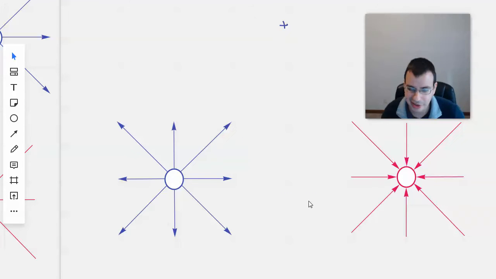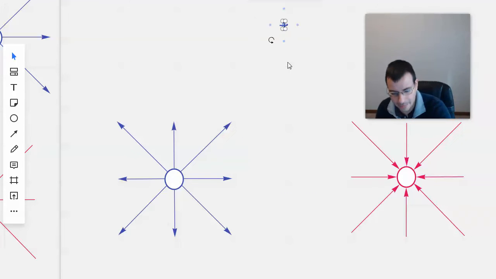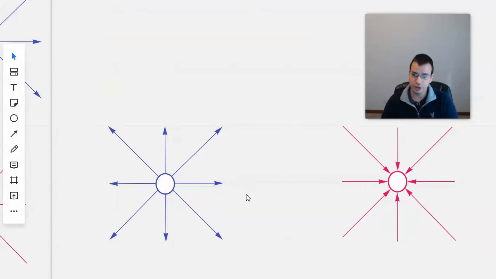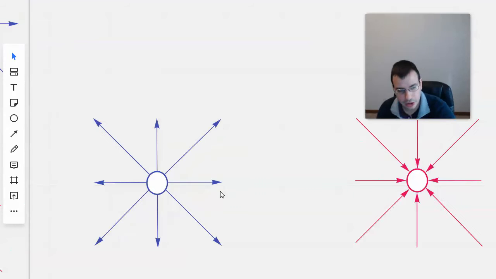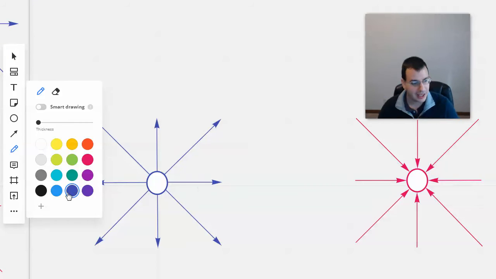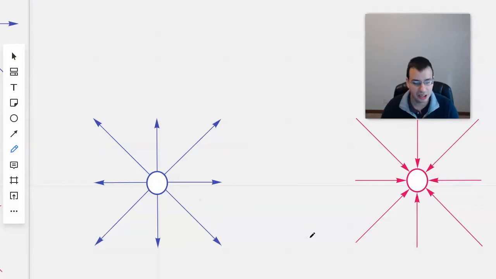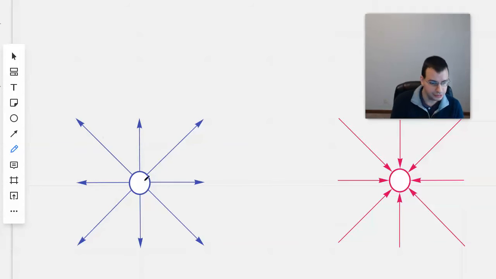Here it's 2D, in reality it's 3D. And by convention, when drawn, the electric field lines go in the same direction as the electric field, go out from the positive and in to negatives. So this would be a positive, this would be a negative.